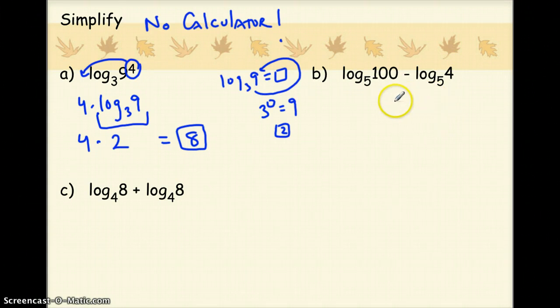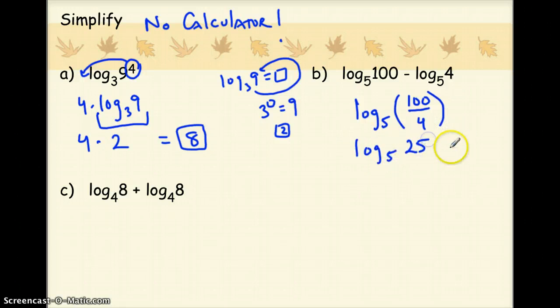But if I know my properties, subtraction condenses back down into division. So if I condense this back down, it would be log base 5, but then it would be 100 divided by 4. Well, I can do that without a calculator. 100 divided by 4 is 25. This I can do. 5 to what power equals 25?